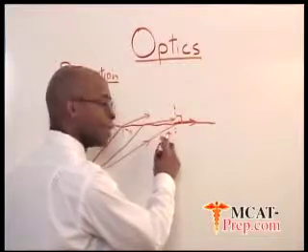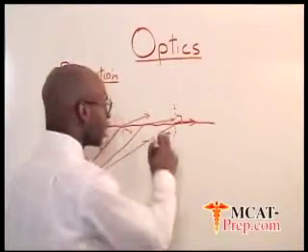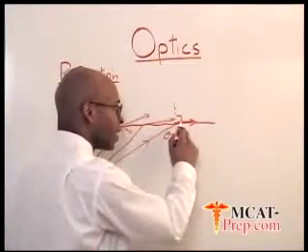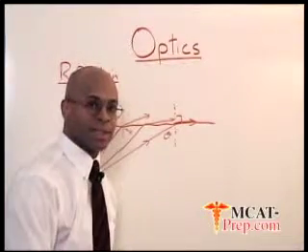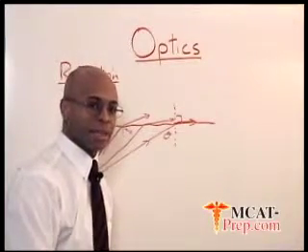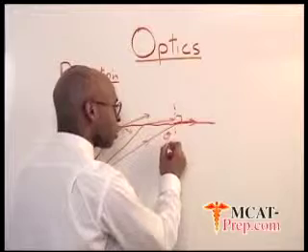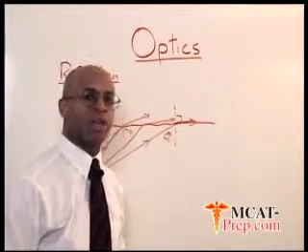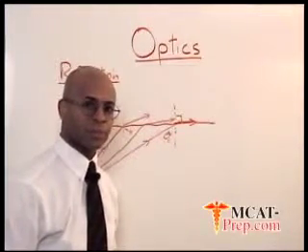The angle at which the ray is no longer refracted is called theta c, the critical angle.